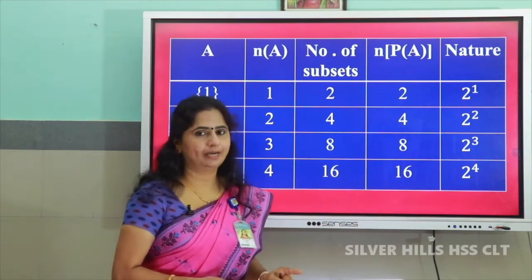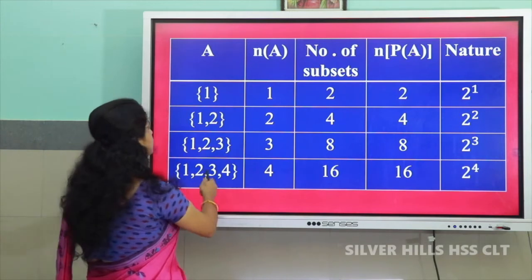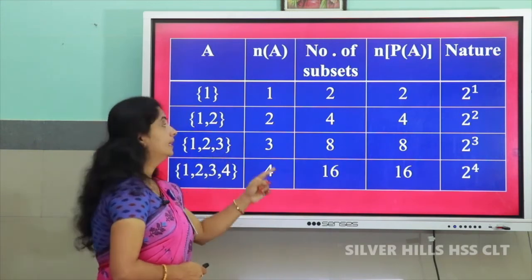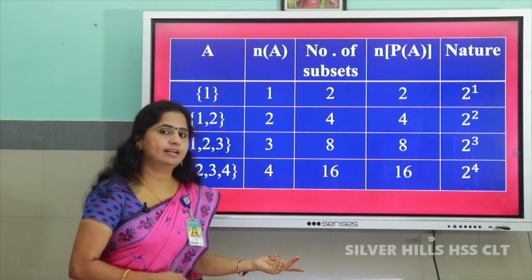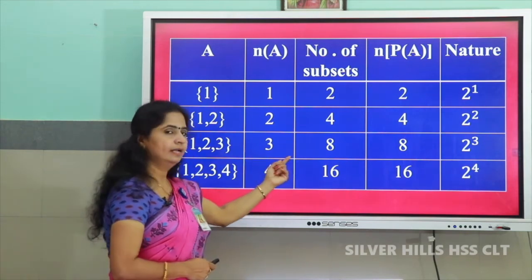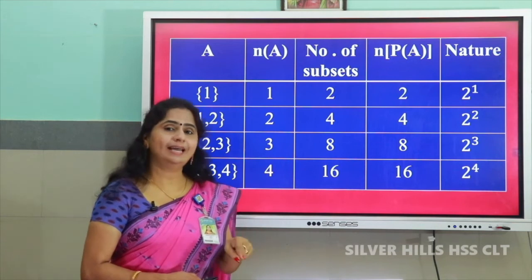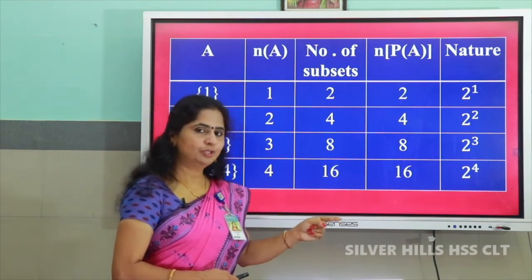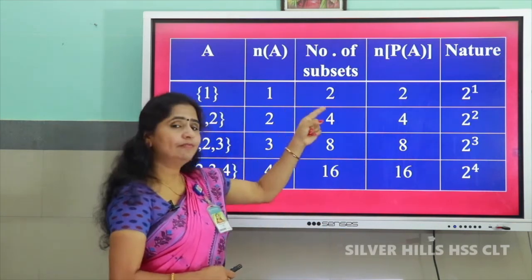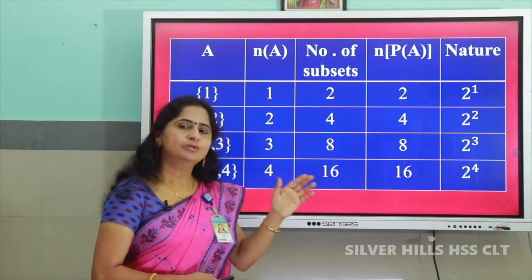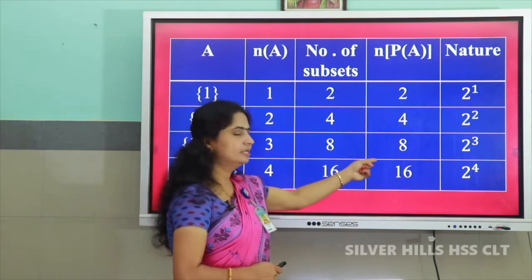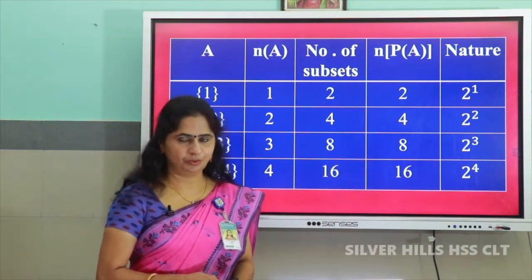which we can write as 2 squared. If A is equal to {1, 2, 3}, the number of elements in A, otherwise I can say the cardinality of A, that is another word, is 3. The number of subsets in A is 8, which we got now. The number of elements in P of A is nothing but the subsets enclosed within the braces. So it will give the same number 8, which we can write as 2 cubed.